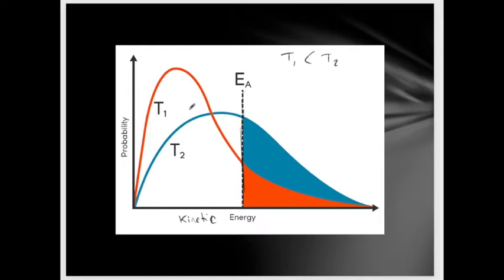So by heating up my system, I have now shifted this curve to a new temperature where now more particles, all of these, have overcome that energy threshold, whereas before just these particles had, such that when they collide, they break their reactant bonds.